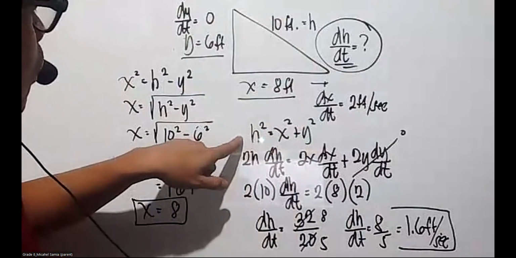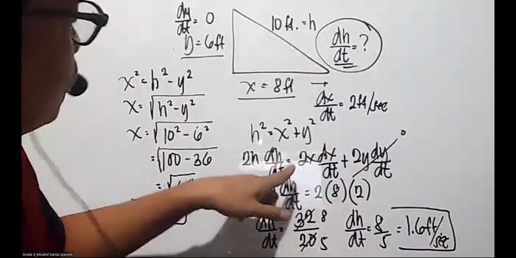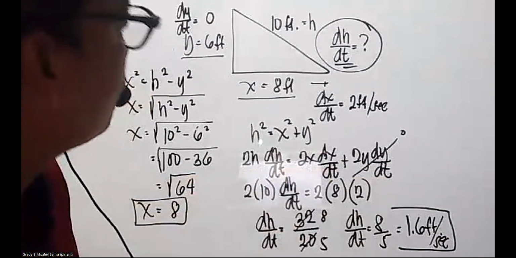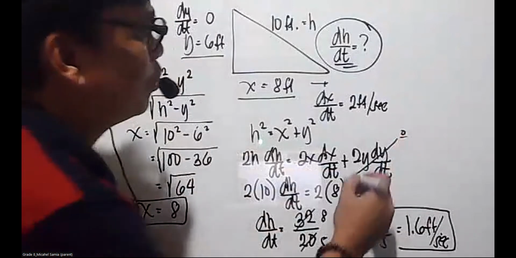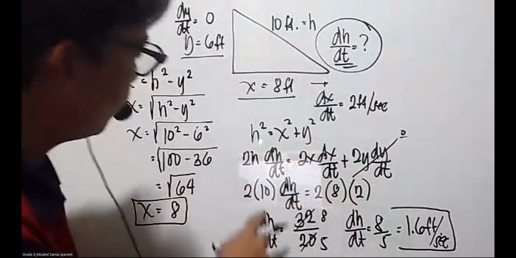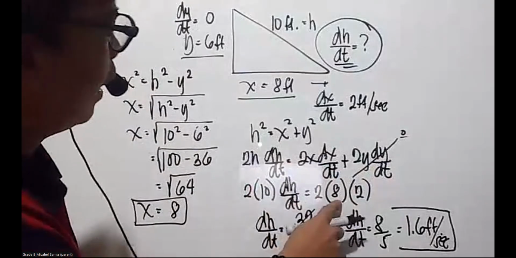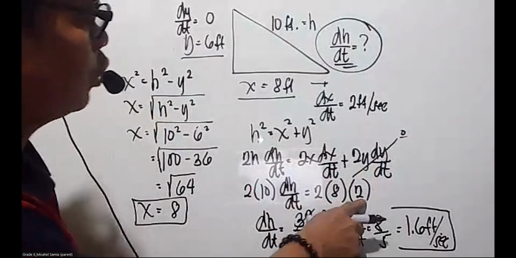Now, using the Pythagorean theorem and differentiating both sides since they are functions of time, we could have this value. And then, since dy/dt is equal to 0, there's no change. So 2y multiplied by dy/dt is equal to 0. And then inputting the values, hypotenuse of 10 and x is 8, and the rate of change dx/dt is equal to 2.